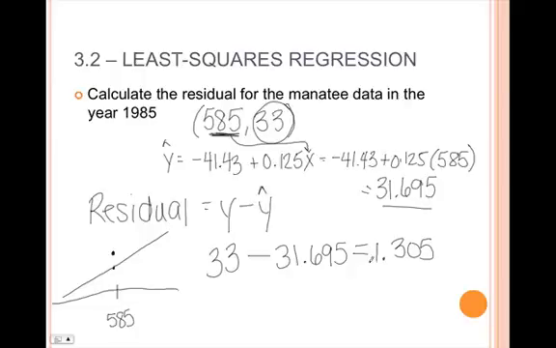So positive residuals mean that the point falls above the line. Negative residuals would mean that the point falls below the line. The actual value is less than what I predicted. And we should see a good mix of positive and negative residuals because remember the residuals sum to 0.